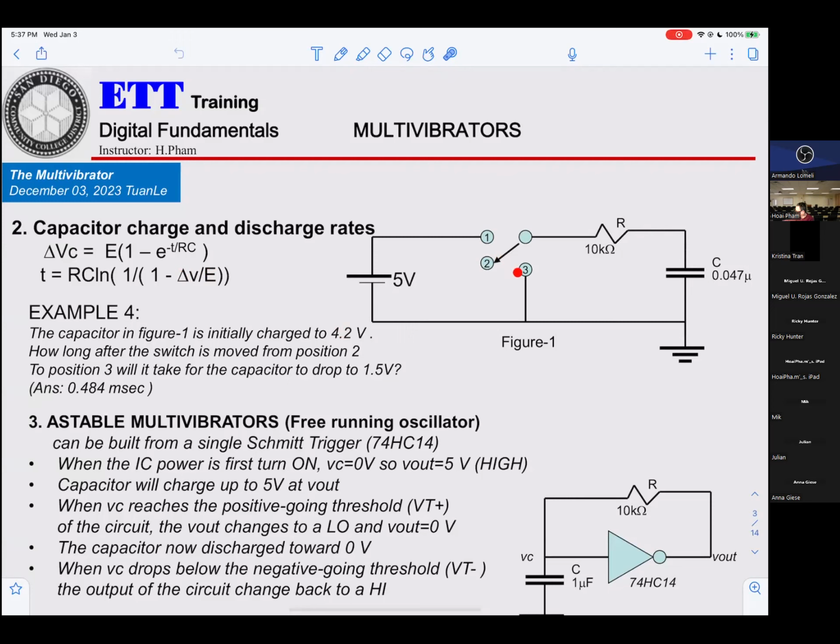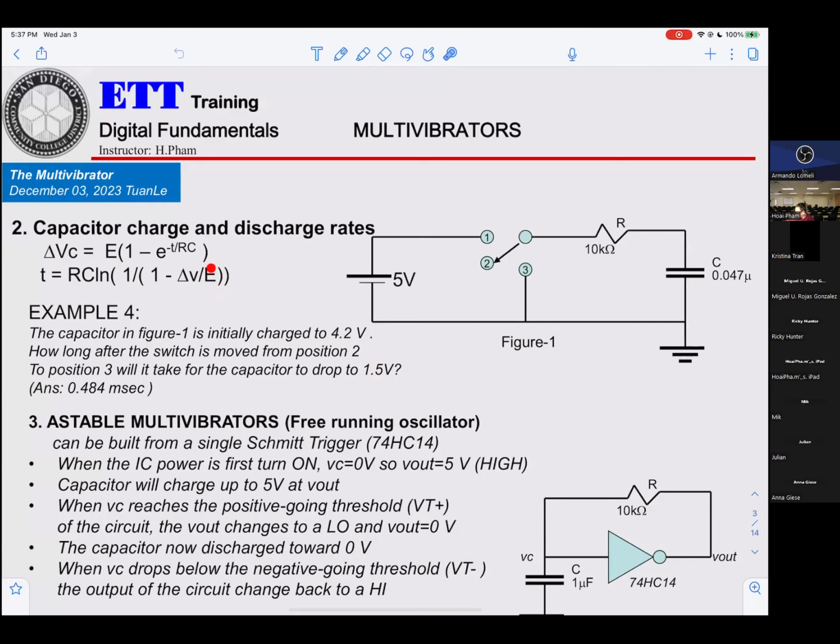Now they go to number 3, so it will discharge. They want the capacitor to drop to 1.5. Initially 4.2, and they want it to go down to 1.5. That means delta V will be 4.2 minus 1.5. And the next one, we calculate the E.